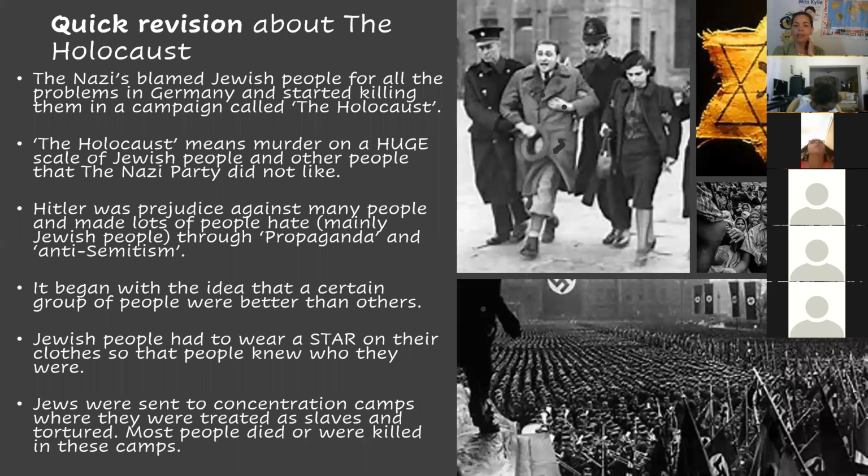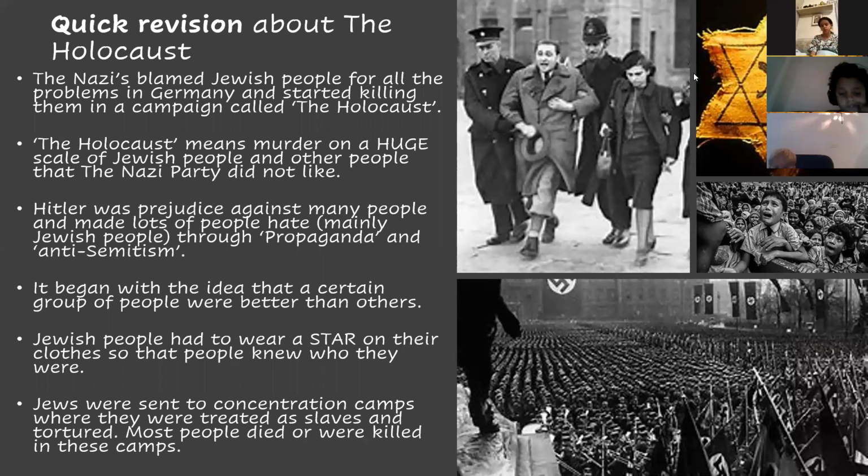So put your hands up to explain the word prejudice to me. Come on, hands up. What does prejudice mean? Kenzie. Prejudice means someone that hates someone else and is really mean to them, but not mean to other people. Okay, anyone else have a different definition of prejudice? Tell me, Luca.